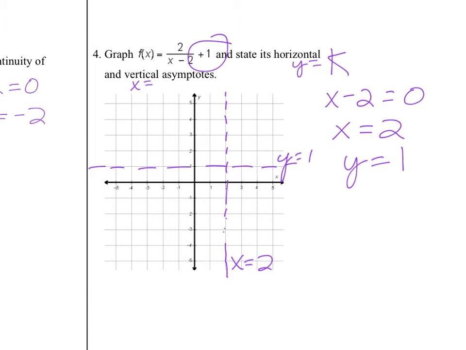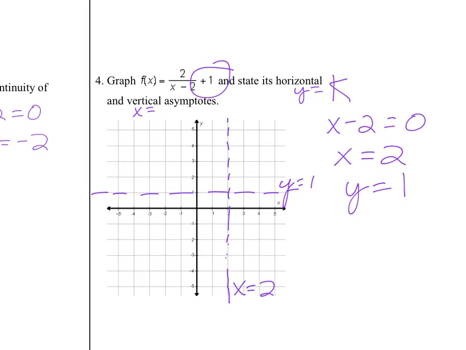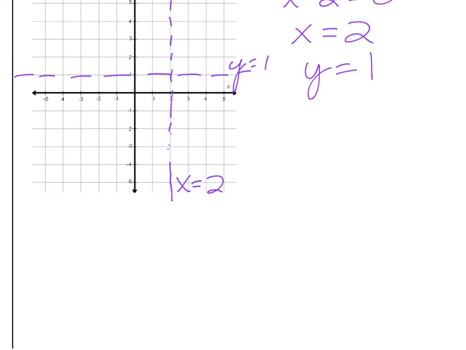Now, to graph this, please make sure you read the entire question. I have to graph it also. I need an x, y chart. I'm going to choose x's on either side of my asymptotes. So that means I'm going to choose 3, 4, 1, and 0.